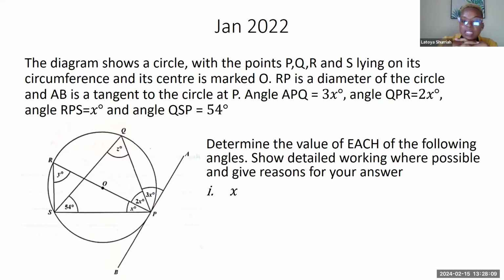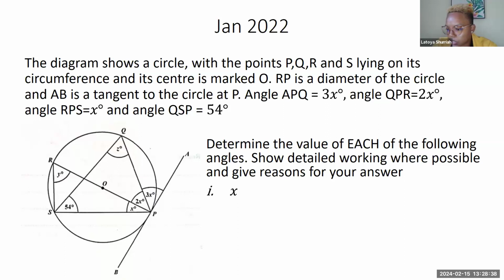Excellent. I'm looking and I'm seeing another way. Come talk to me. 3x plus 54 equal 180.